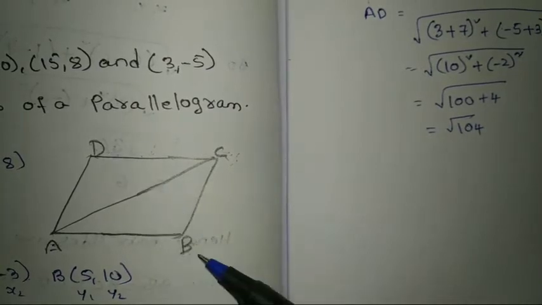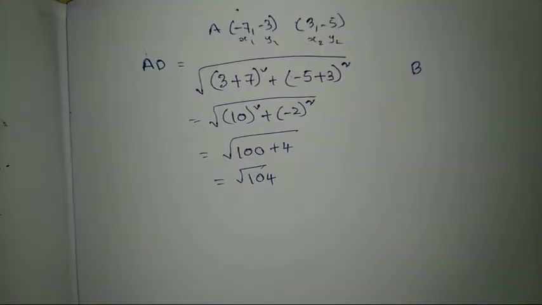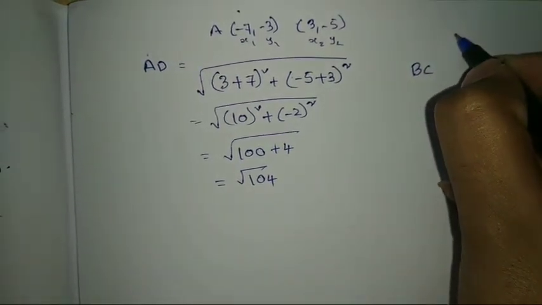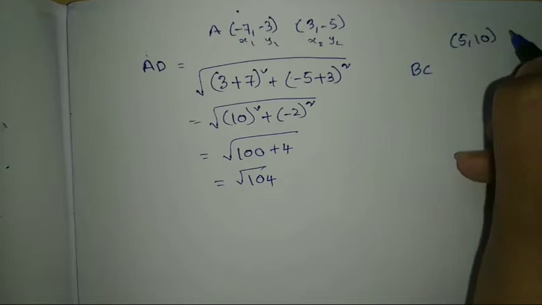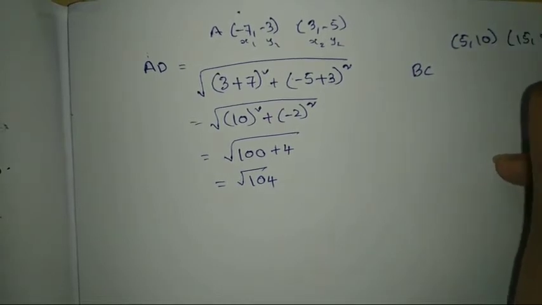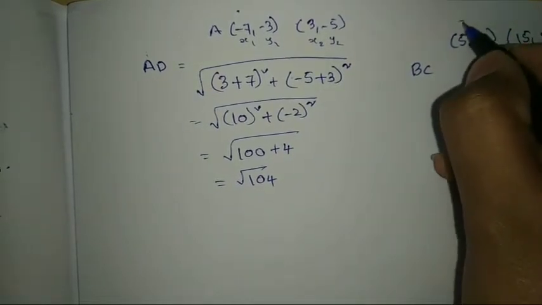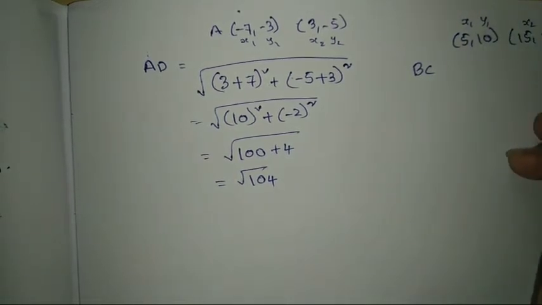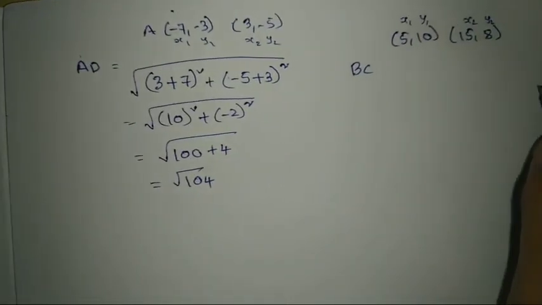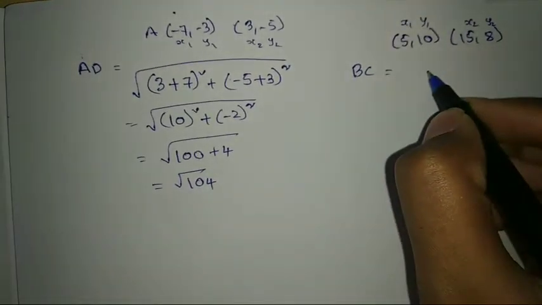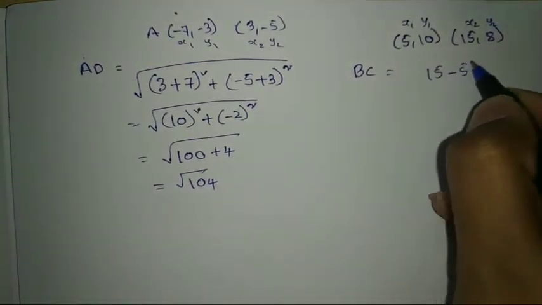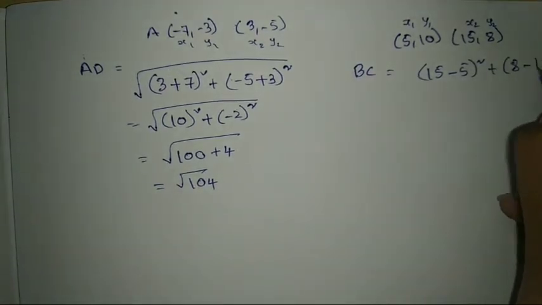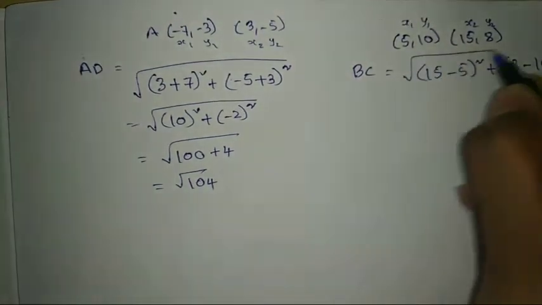Now we have to find BC distance. So what is the B point? 5 comma 10 and C is 15 comma 8. So this is x1 y1 x2 y2. Okay, 15 minus 5 whole square plus 8 minus 10 whole square root of.